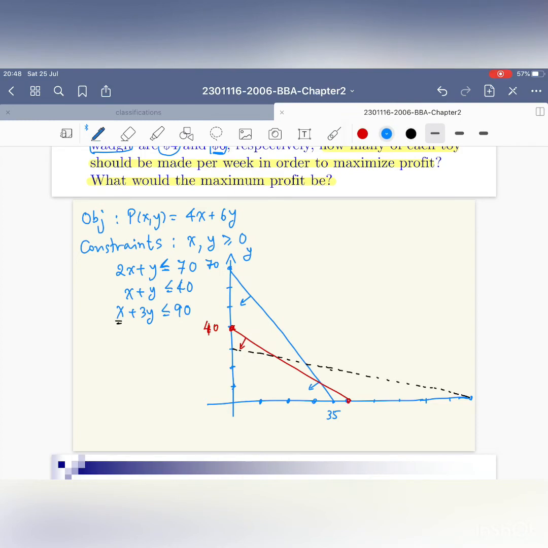So let us start with this intersection, between the blue and the red. So it's right here, the blue and the red. So you can just simply do the subtraction, right? So you have your x equals 30, and then immediately when you have your x, your y is 10. So here, okay, your x is 30, your y is 10.